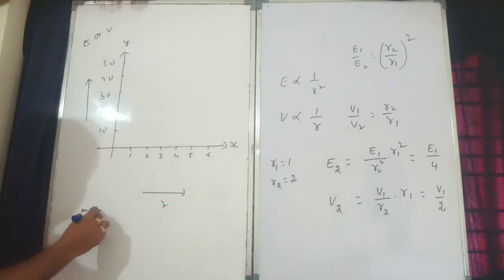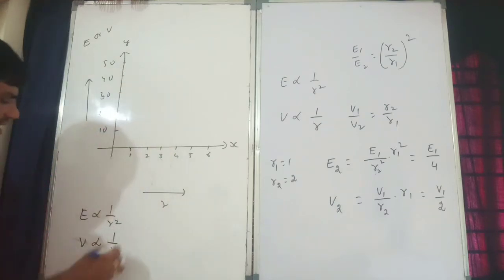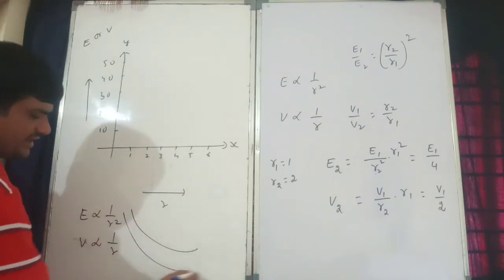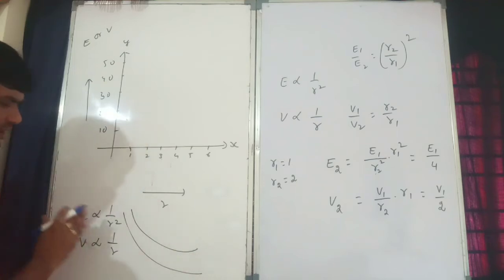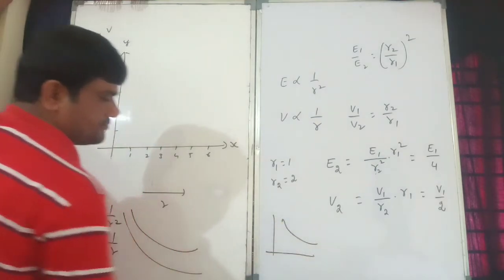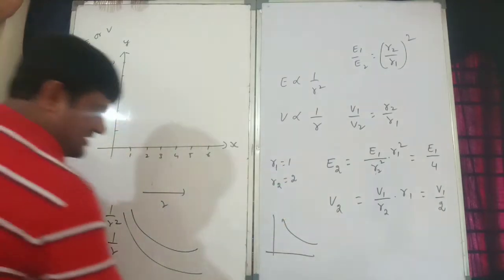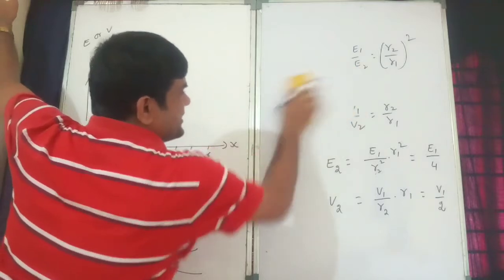E is proportional to 1 by R square, V is proportional to 1 by R. So now both decrease as a rectangular parabola, correct? Rectangular parabola, or else exponentially decreases.